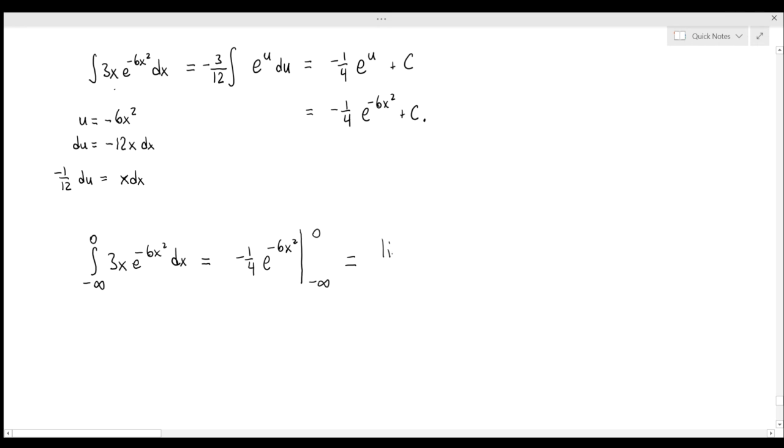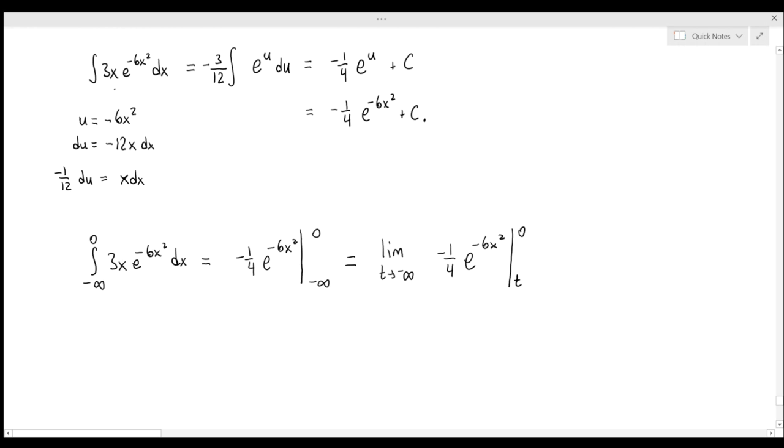So I'm going to write it as a limit as t approaches negative infinity of negative 1/4 e to the negative 6x squared, and then I'm just going to do from t to 0 here. And since t is approaching negative infinity, that's going to capture the idea of trying to evaluate at negative infinity, which is what we were trying to do here.